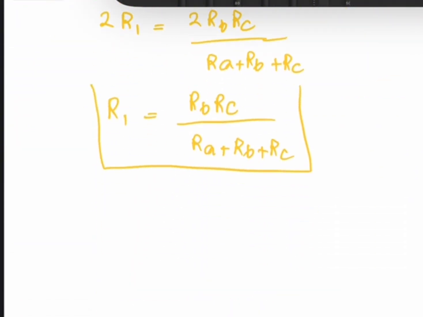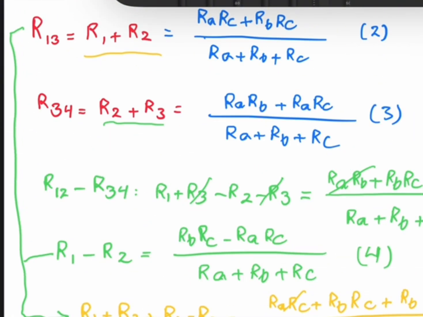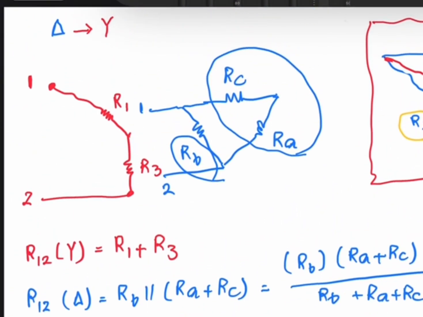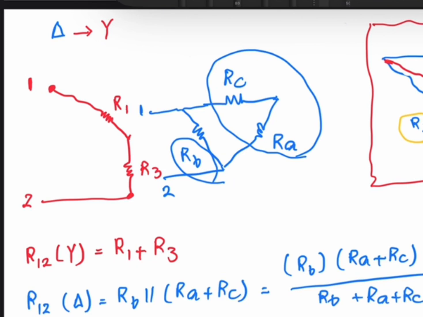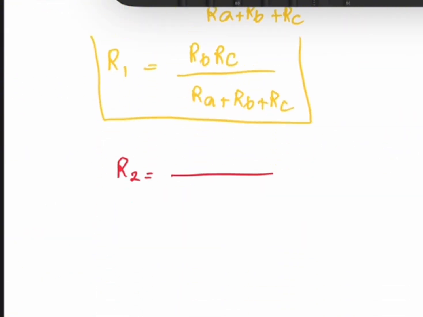Meaning that if I want to find R2, what should be the value of R2? R2 should be the product of the two adjacent delta resistors close to R2, which are RA and RC. This is going to be RA RC over the sum of all resistances, RA plus RB plus RC.